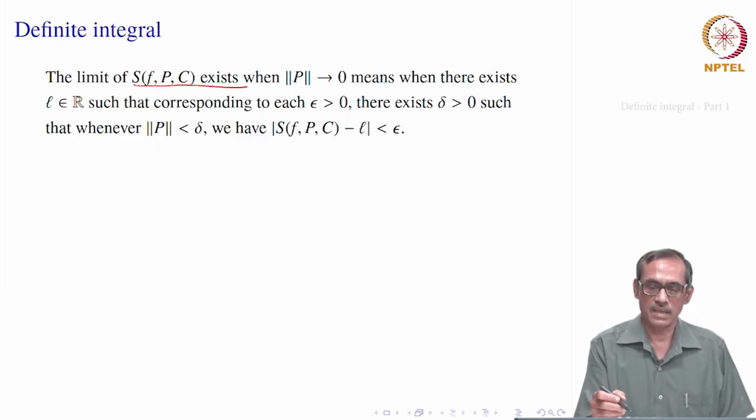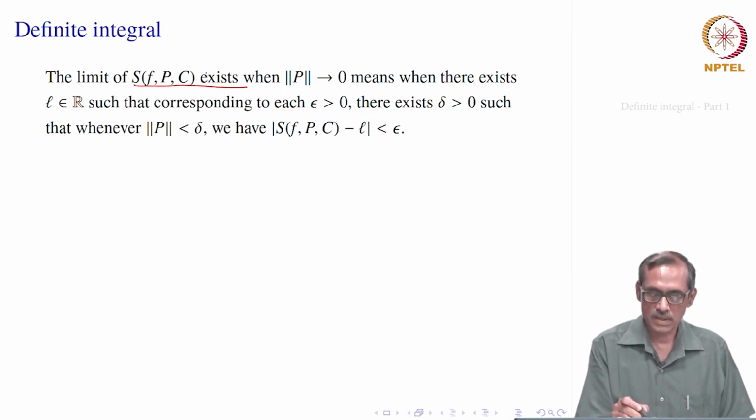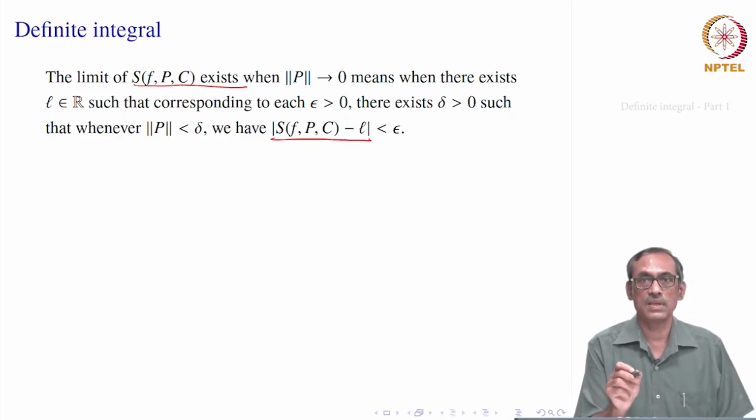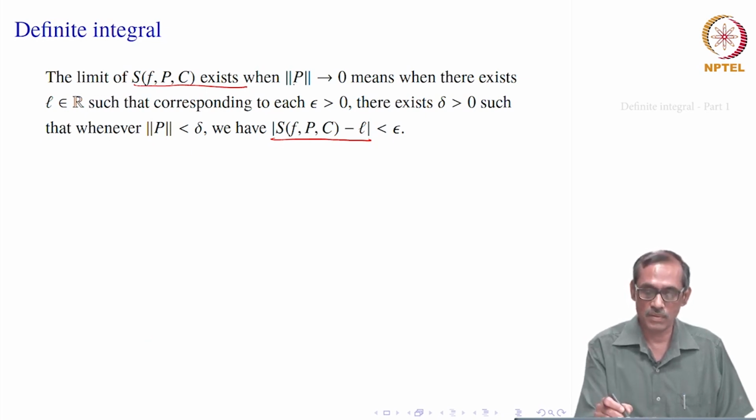As earlier, it is like a limiting process. It says that the limit is a real number, and the absolute value of the difference of this Riemann sum from L can be made as small as possible by choosing our partition P, with the condition that norm P goes to 0.